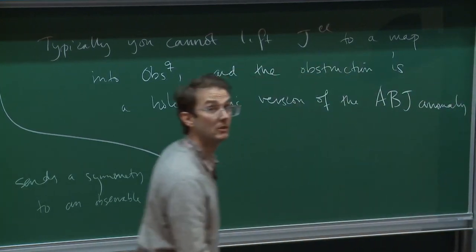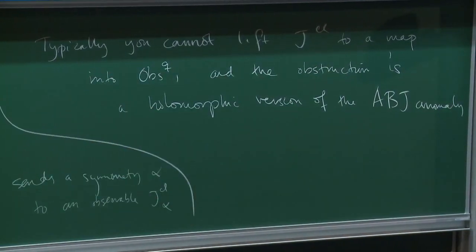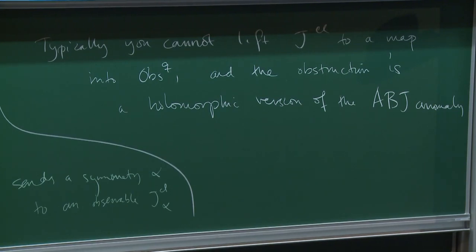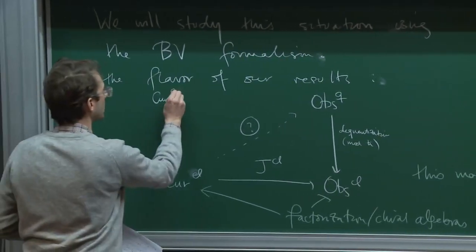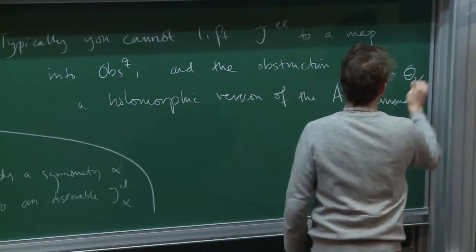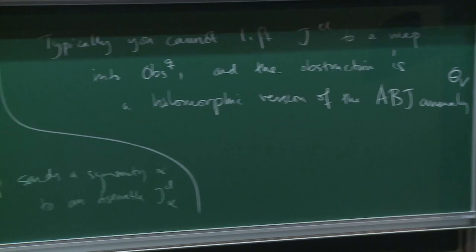So one goal is to actually write this specific anomaly down explicitly. Okay, but once you find this anomaly, then you can introduce a deformation of the classical currents to the quantum currents. Let me give this anomaly a name. Let's call it theta of v, because it's going to depend on v and the way the Lie algebra acts on it.